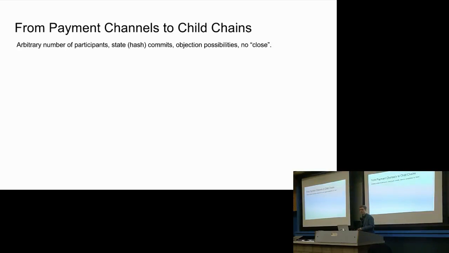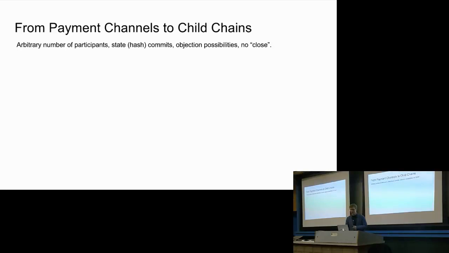These child chains are very similar to payment channels. The difference is that they run a full blockchain protocol instead of just this single payment channel. And you usually do not close them, but instead, at regular intervals, you post the current state of the chain into the main chain.